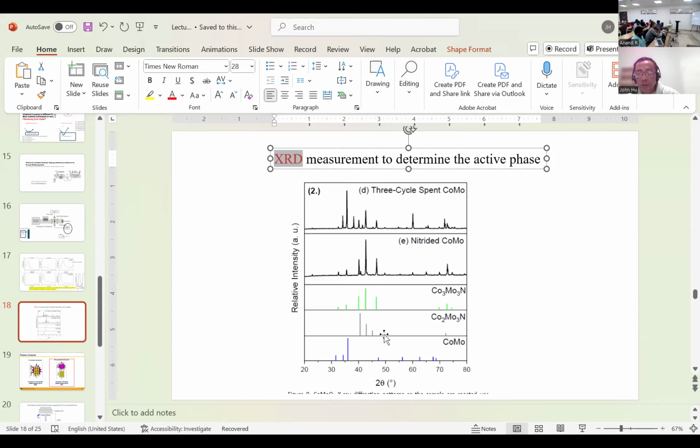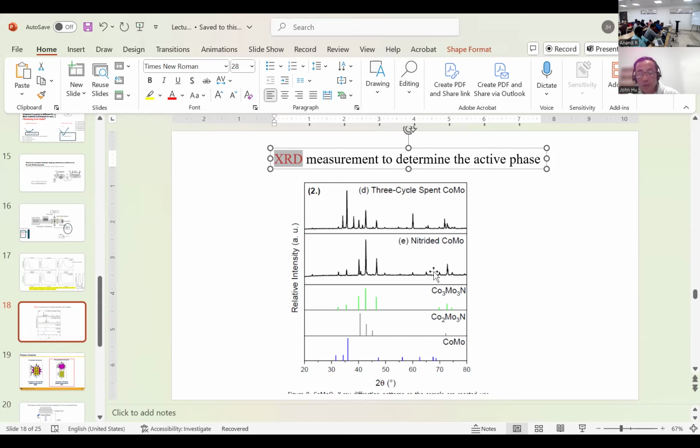Then we move on to see how the Co3Mo3N nitride looks. Every time we go up, we see the standard circle in the process. So 1, 2, 3.